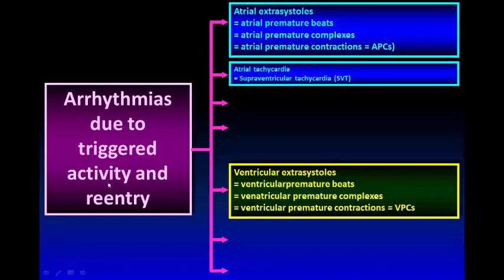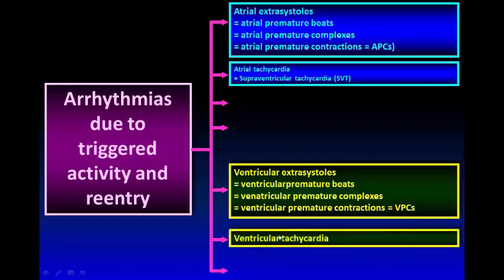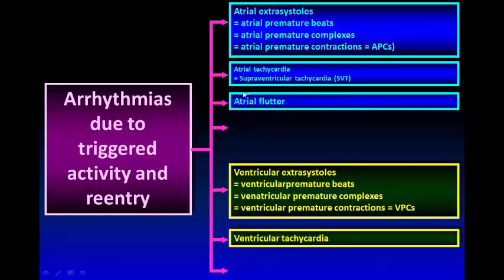In this category of arrhythmias, we also have atrial tachycardia in the form of supraventricular tachycardia, and similarly we have ventricular tachycardia. We also have atrial flutter. There is no ventricular flutter.